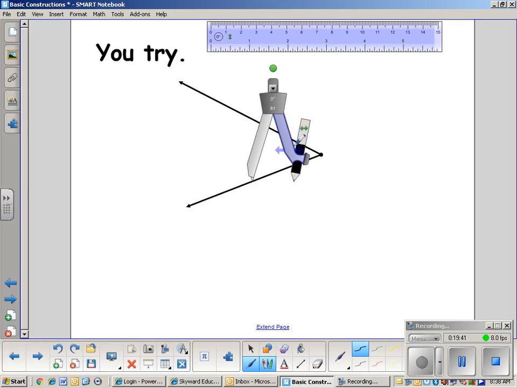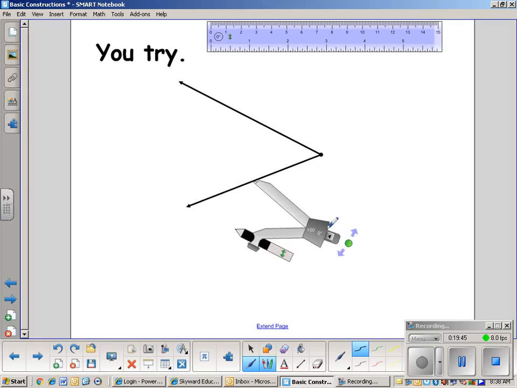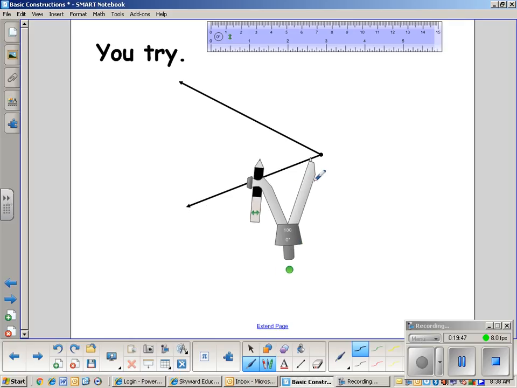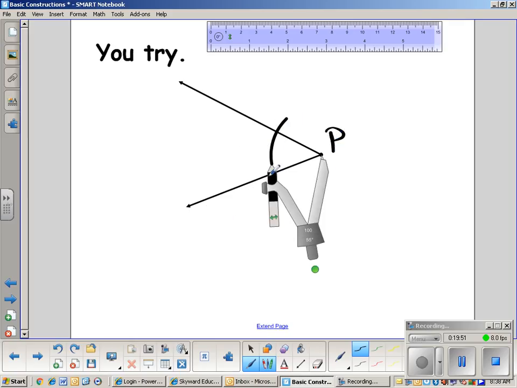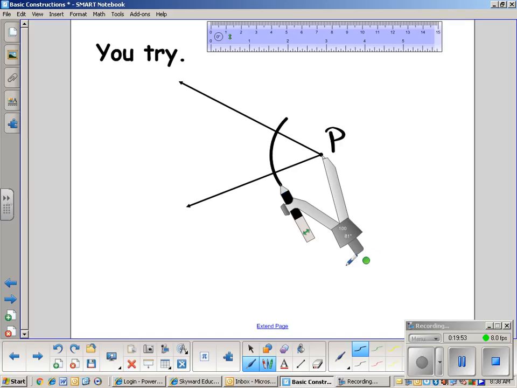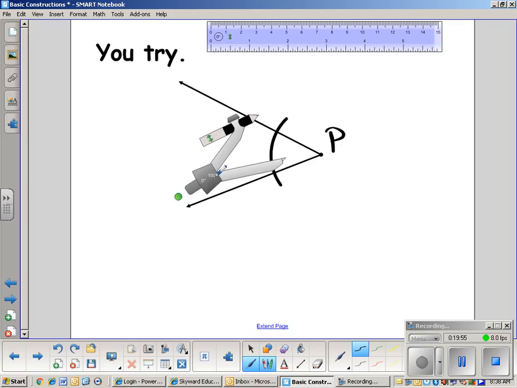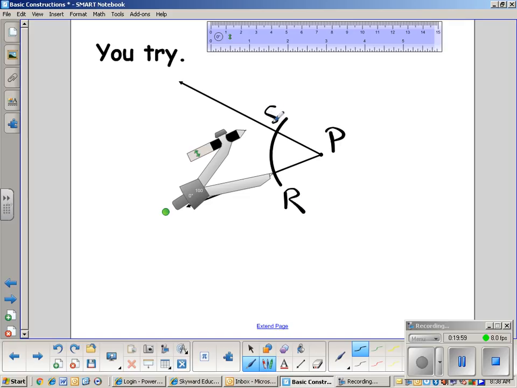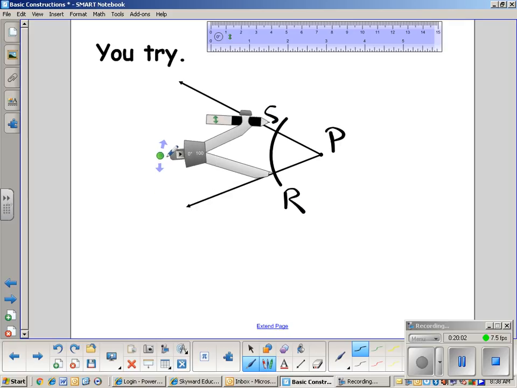Okay, here we go. First step was what? Make any angle arc from P. Okay, and so we would call this P and draw any arc. And then what was my next step? Label them R and S. And then what? Draw the line in the middle. Choose an arc that's more than half of RS, right?